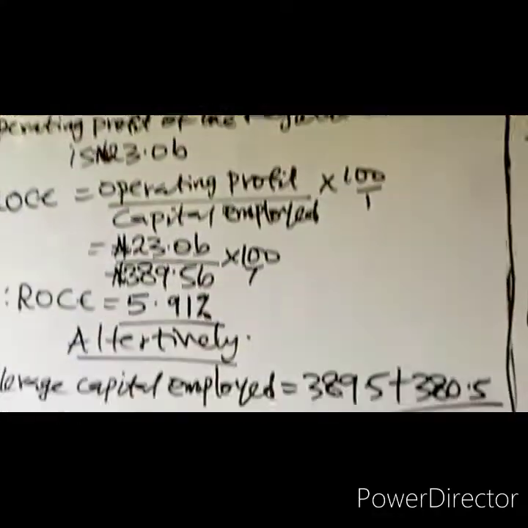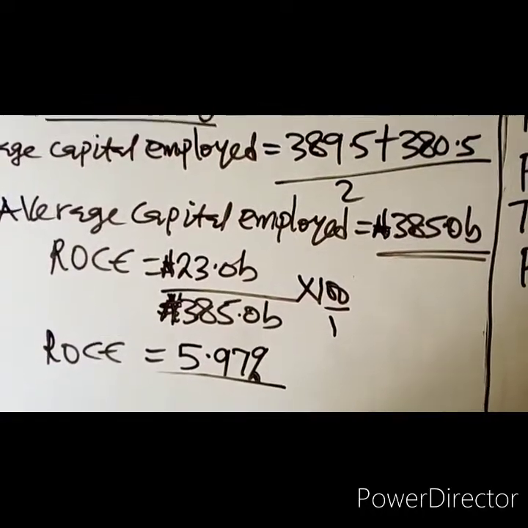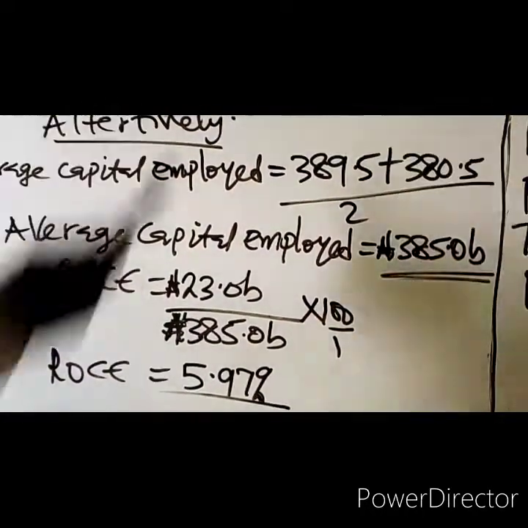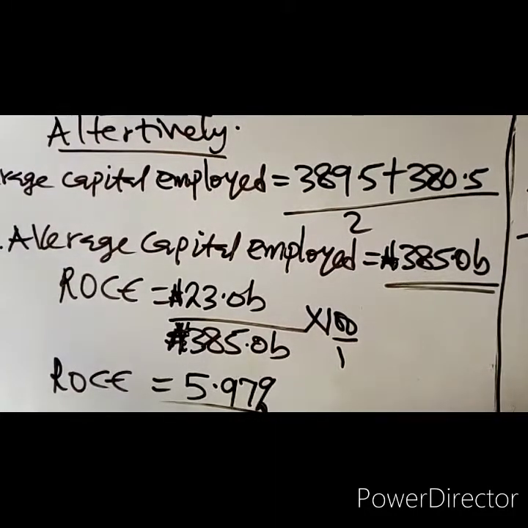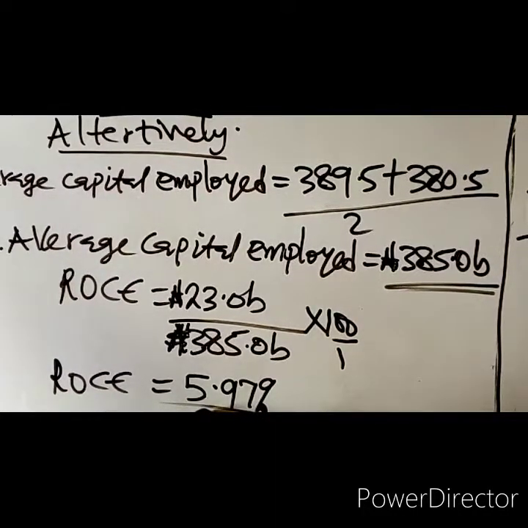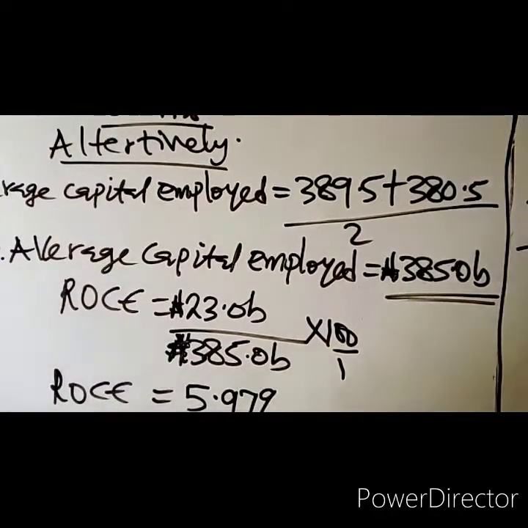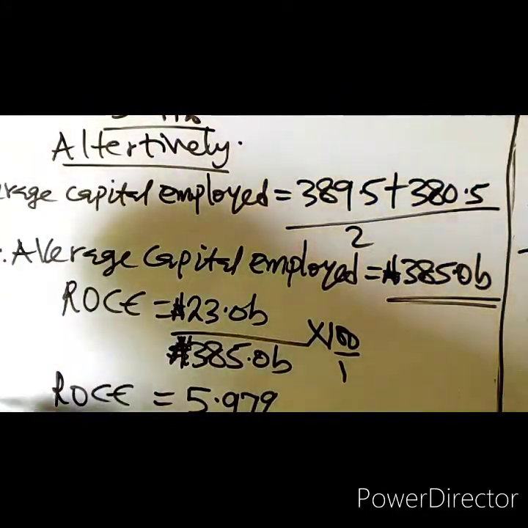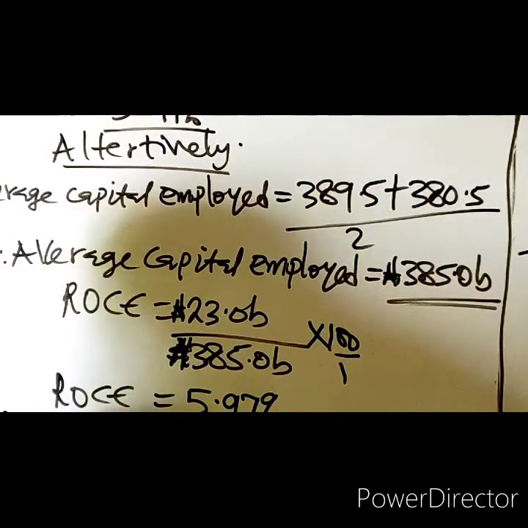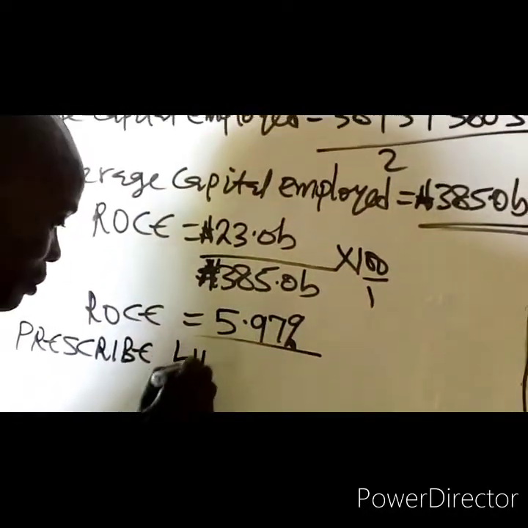The regulatory ROCE target is 6%, and the computed ROCE is approximately 5.97%. So, let's have the prescribed limit.